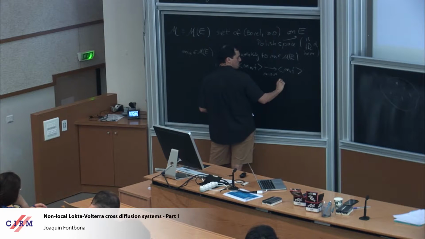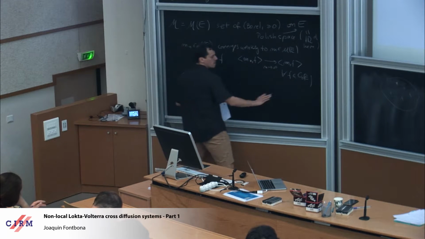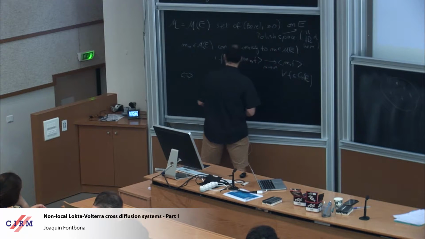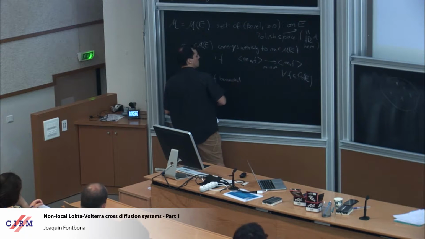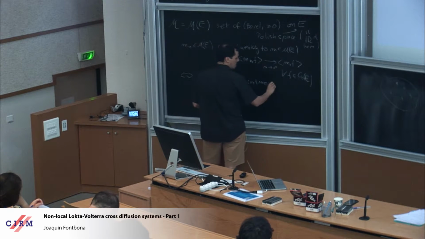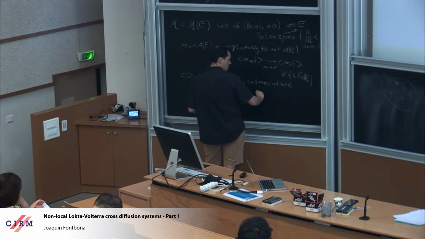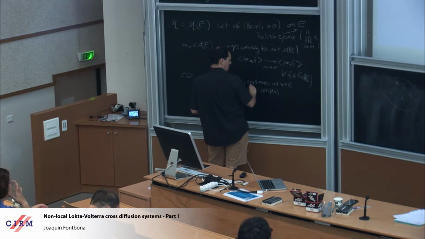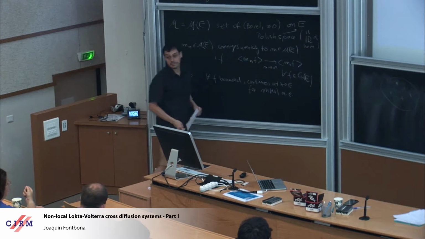So this is for all bounded continuous functions f on E. But I can equivalently replace this by functions which are bounded and continuous at x for, let's say, almost every point x with respect to the limiting measure.